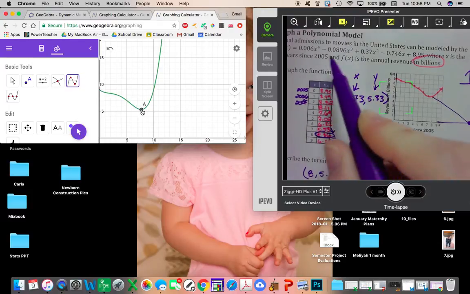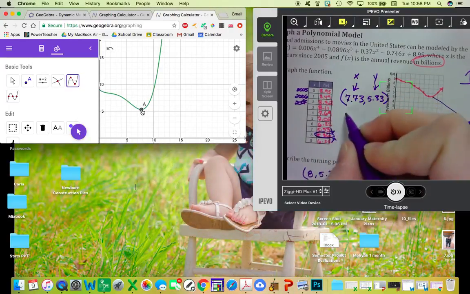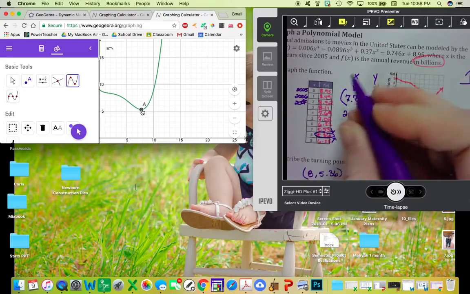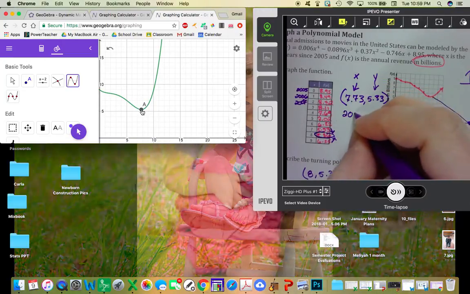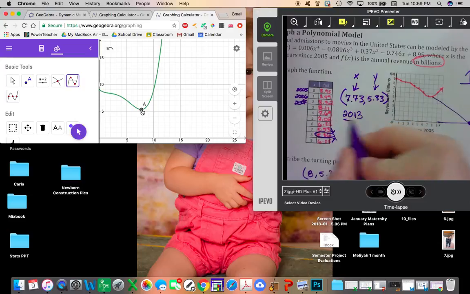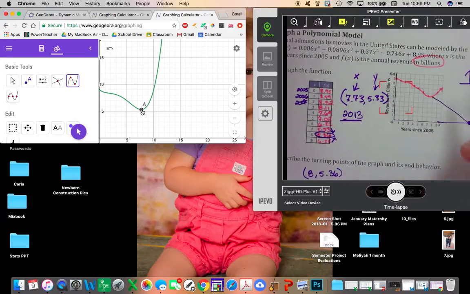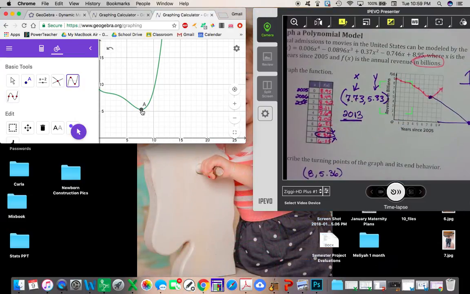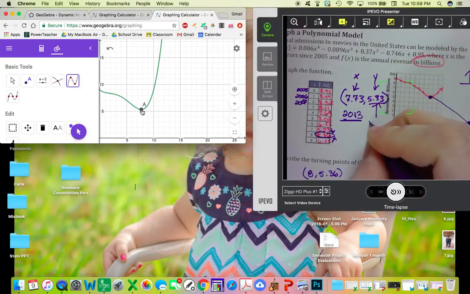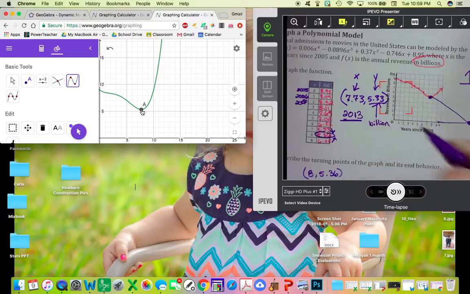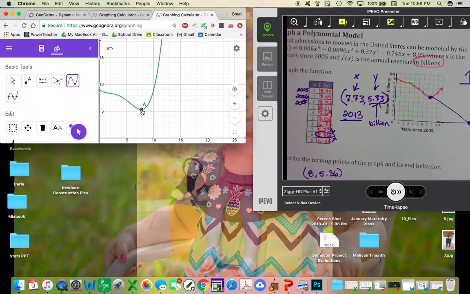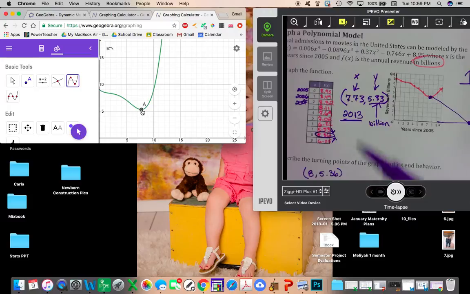So approximately 8 years after 2005, or approximately in 2013, is the lowest point of revenue, and that revenue is 5.33 billion. So 5.33 billion is the lowest revenue that I ever get, and that occurs in 2013.